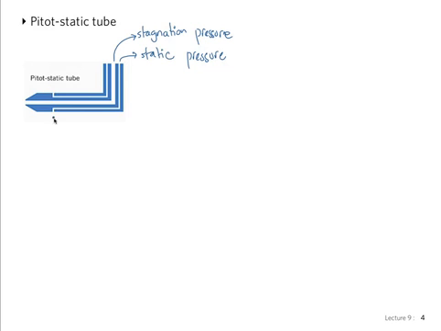So this is a static pressure tap over here. The flow is going, like before, right into the stagnation opening, so that tube is aligned with the flow. This little tap here is perpendicular to the flow. This one is right in front, and so we again have a stagnation point there.